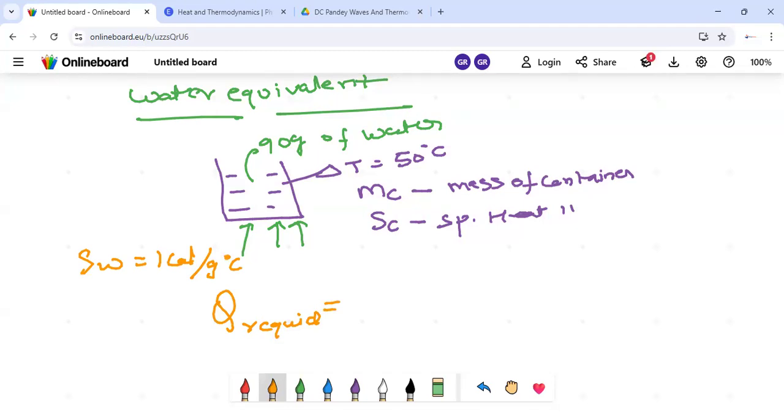Heat required to heat up the water. Just think and answer. Sir, is it 4500? Yes, it should be 4500 under ideal case, but do you really think that I will give that question?